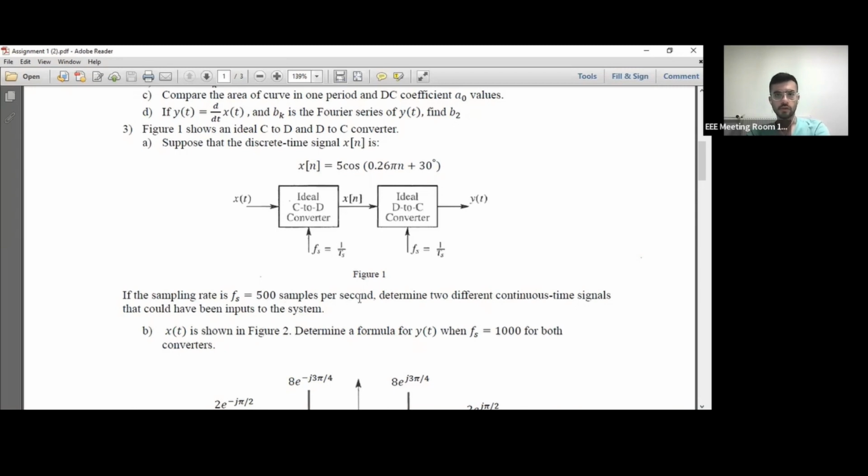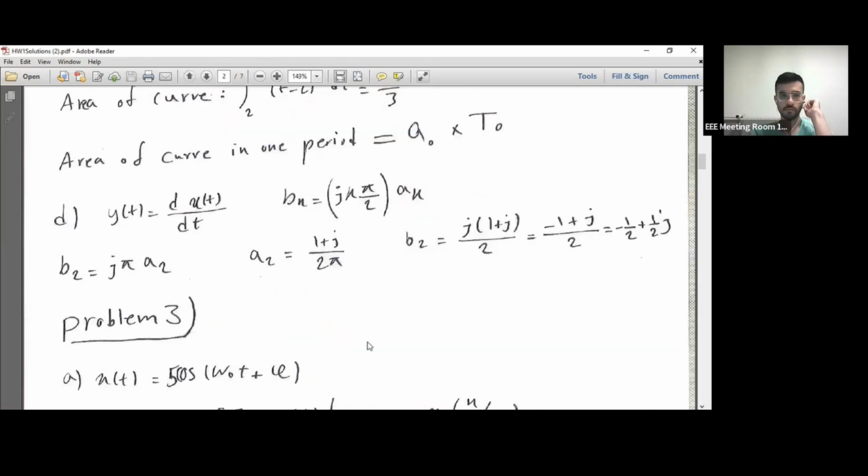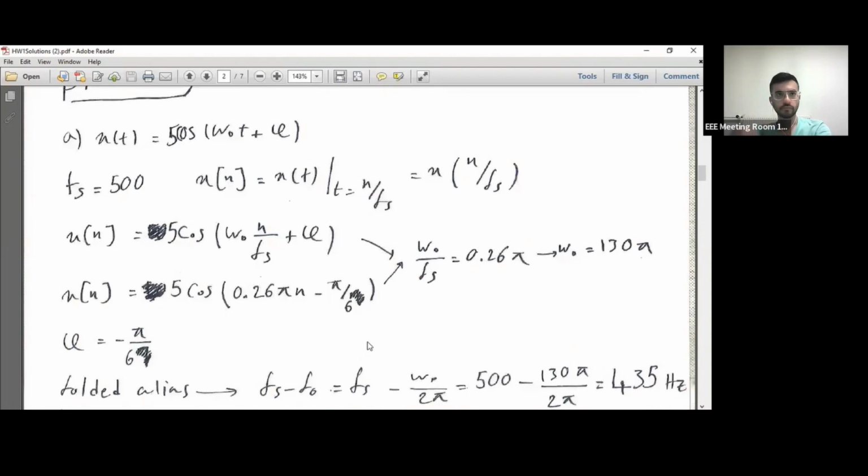Okay, so we need to find two signals for this one. Let me move to problem 3. Our original signal is x of t here. We have a sampling rate of 500. To write x of n, we need to replace t with n over fs. So we have this equation here. Then we need to replace it.